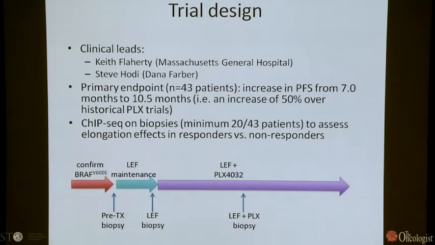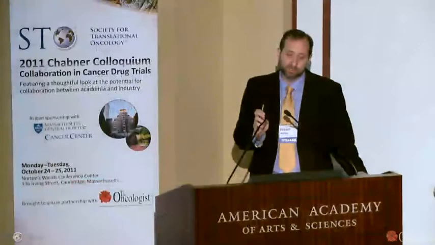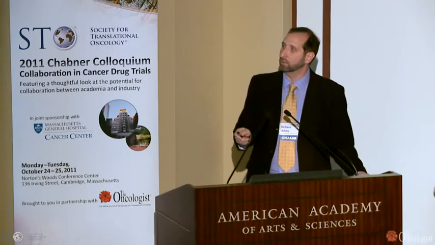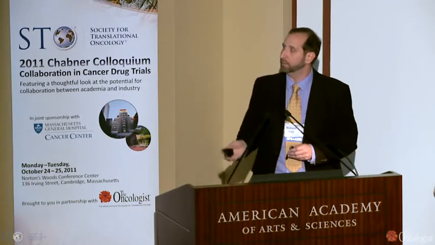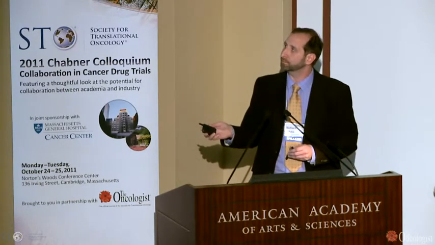And essentially this will let us do ChIP-seq for RNA pol2 and calculation of the traveling ratios, as I showed, to really ask, do people who respond, are they the ones who show the most robust defects in transcriptional elongation at those 1,200 loci? And so this trial hopefully should be opening reasonably soon.